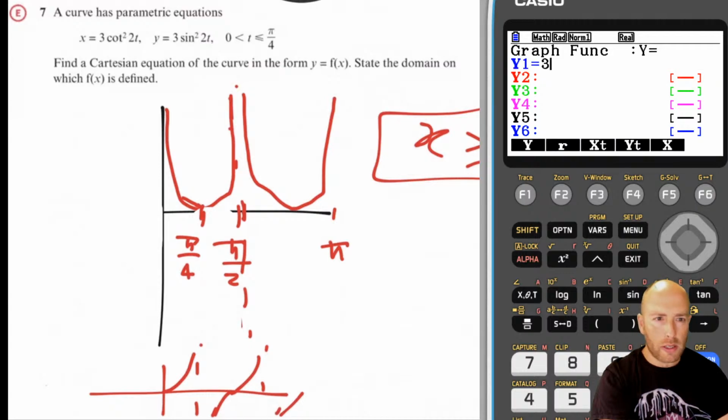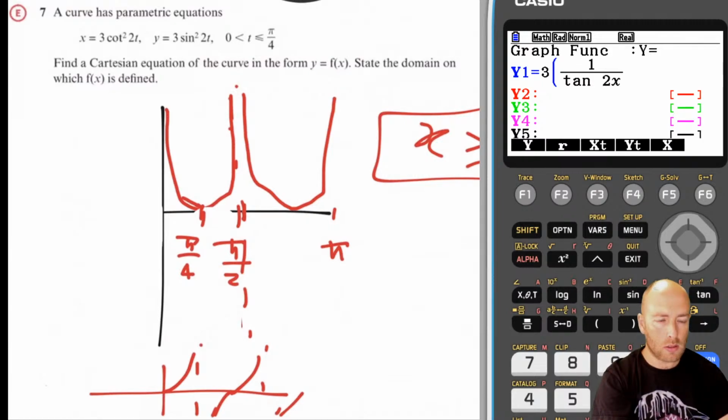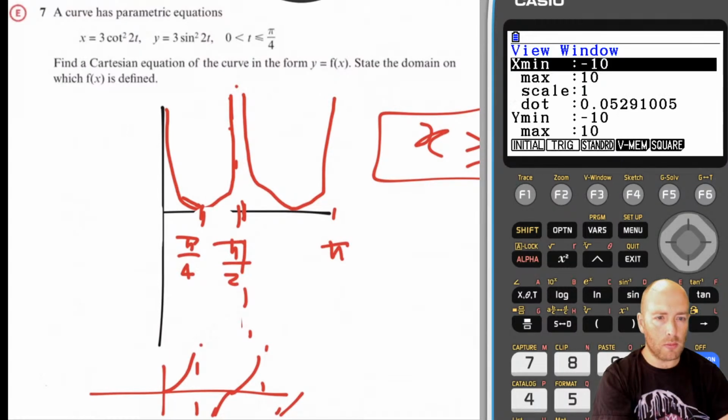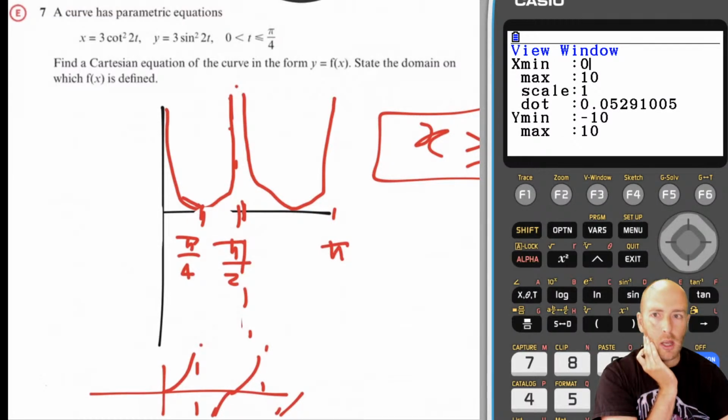So 3 times is going to be 1 over tan squared 2x. This doesn't really matter, I'll put the square over the whole thing. Cool, so we're going to draw that. We're going to ignore what it looks like and go to the window. We're going to make the x min 0 and max pi by 4.